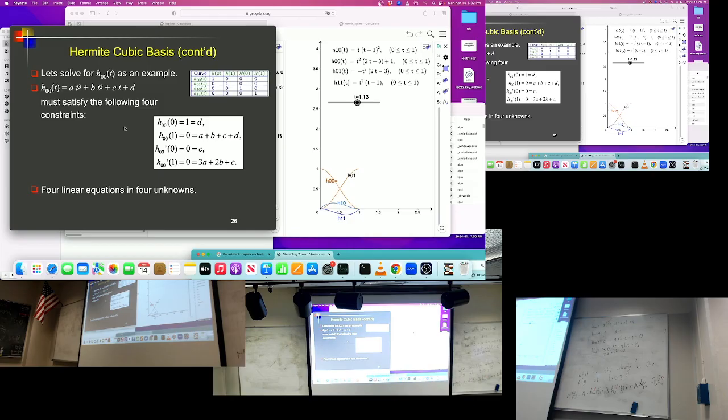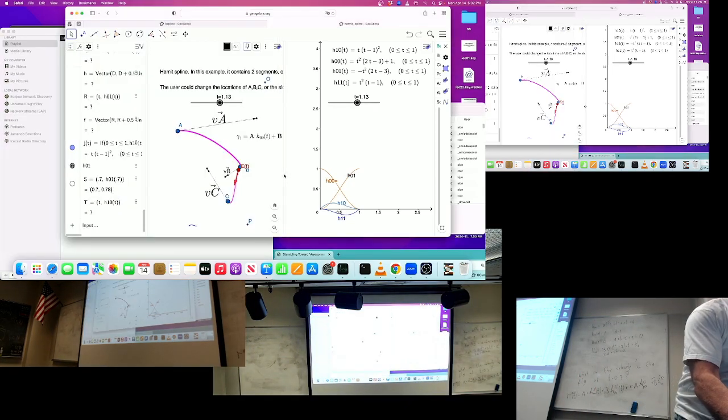Okay, so what did we study? We saw how we got to these polynomials, how we moved to define these polynomials, how we link them. We talked about splines, Hermite splines.